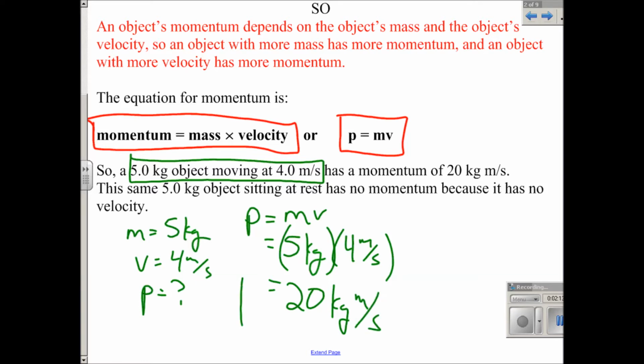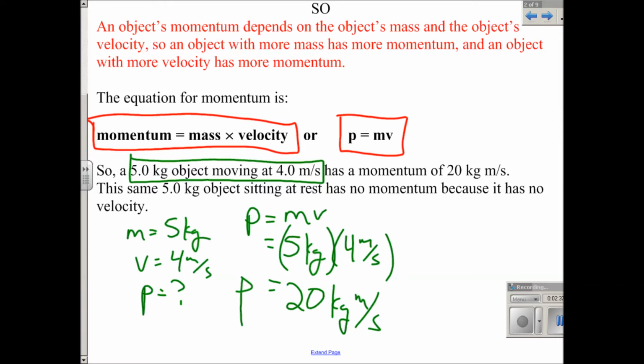And that's how you leave it. Unfortunately, there's not a shorthand way to write out those units. It just is what it is: 20 kilogram meters per second. Also worth noting is that if the object was sitting at rest, then the velocity would be 0, which would also make the momentum 0, right? So just be aware of that. You have to be moving to have momentum.